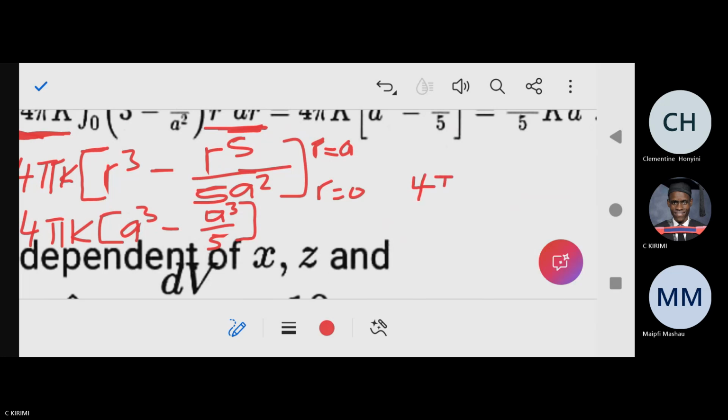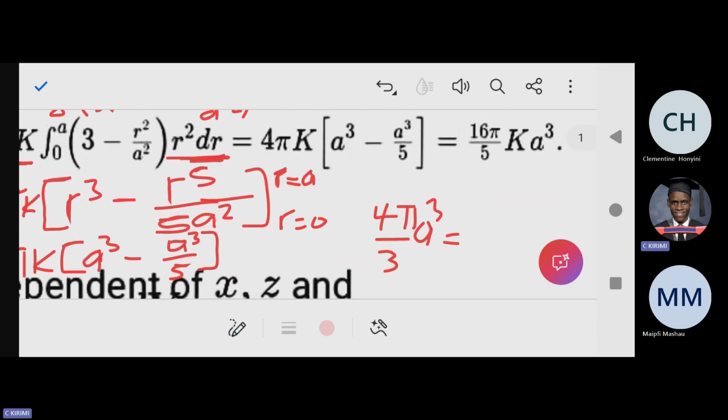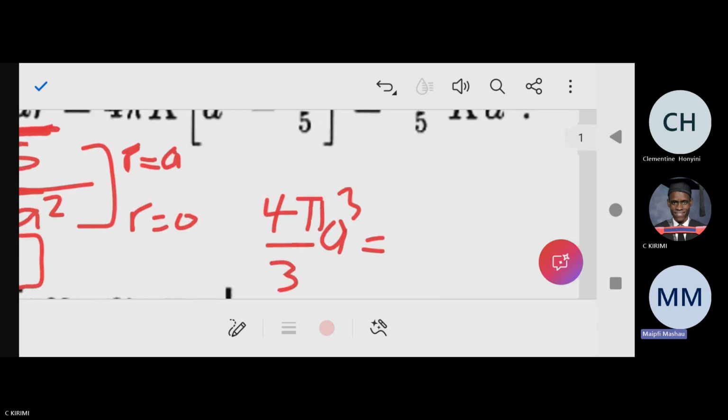So 4 pi over 3a cubed is equal to, on the right hand side, what are you having? 4 pi k bracket a cubed minus a cubed over 5.